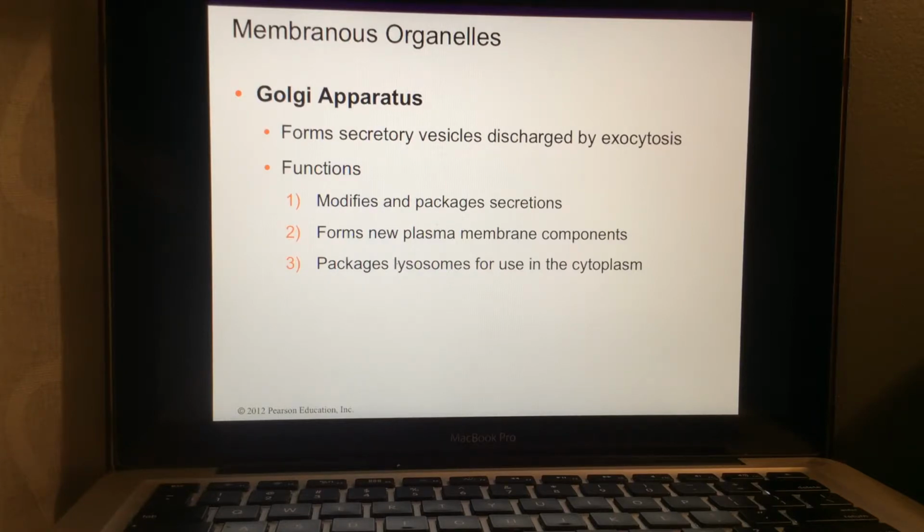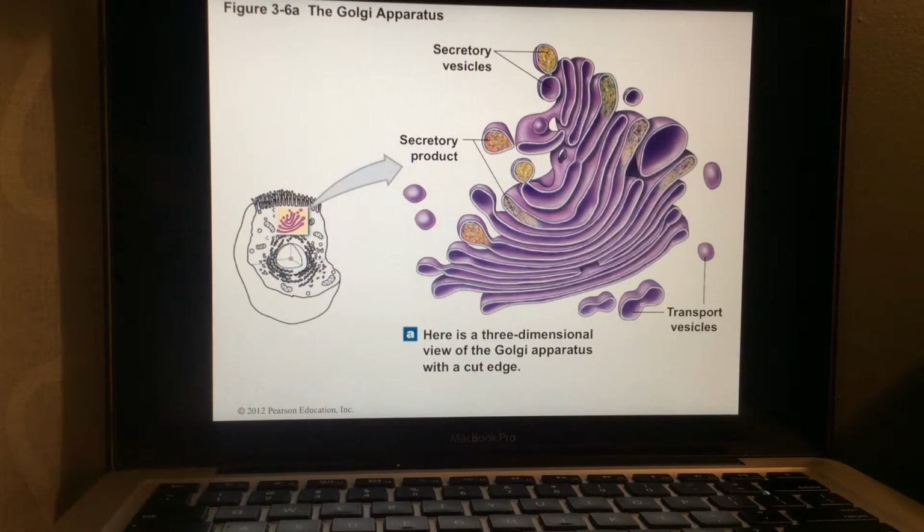They're going to modify and package those secretions. They're going to renew or modify the plasma membrane, or they'll package special enzymes called lysosomes for use in the cytoplasm. I think Golgi apparatus look like dinner plates that are stacked up, and those membranous discs are called cisternae, those flattened chambers.